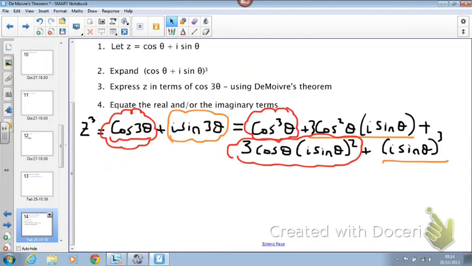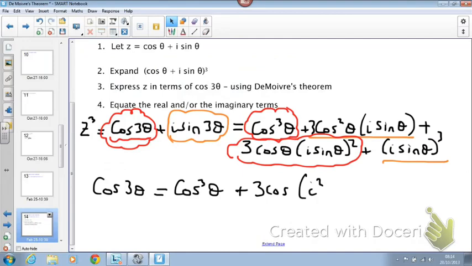So equating the real parts, we get cos 3θ is equal to cos cubed θ plus 3 cos θ times i squared times sin squared θ, and that equals cos cubed θ, and i squared is minus 1, so that gives us minus 3 cos θ sin squared θ.